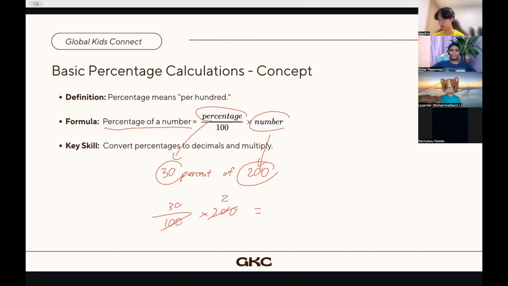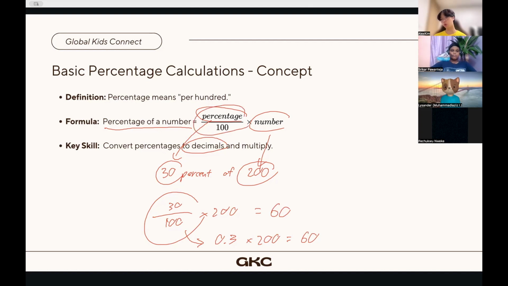We can say that this 30 over 100 can also be written as a decimal, 0.3, times 200. If we multiply these two, we get the same value of 60. So you can find percentages using the formula in fraction form or in decimal form.